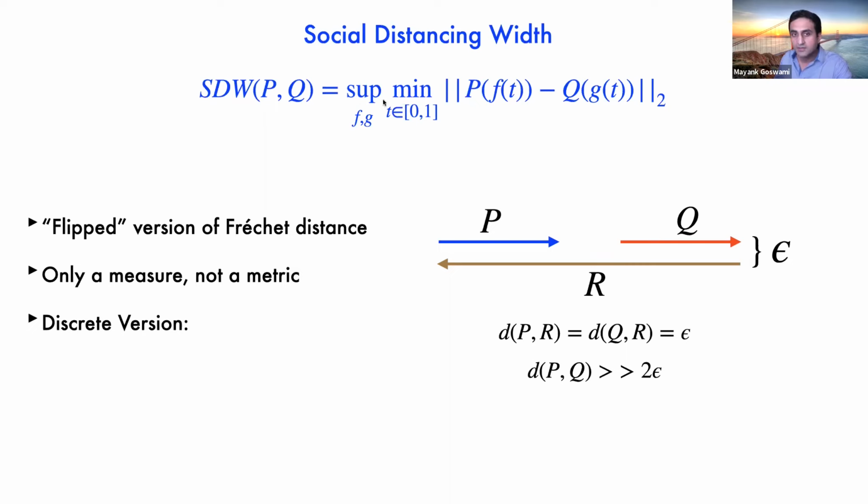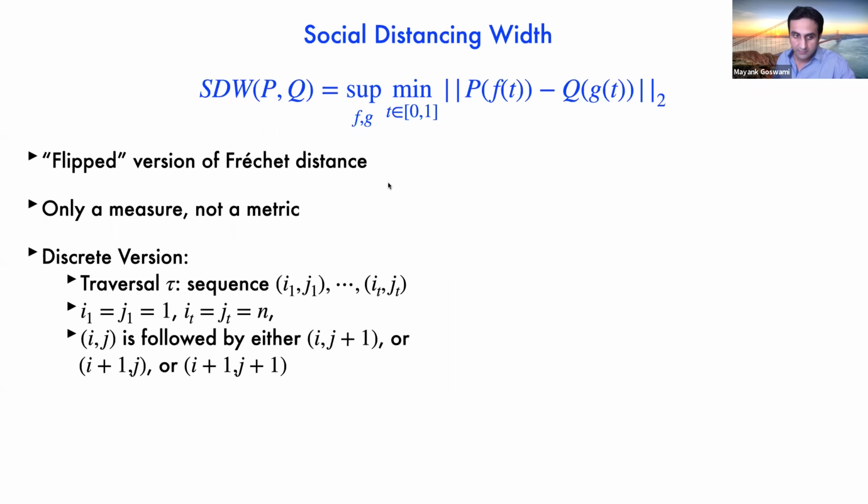Now, what I stated above is the continuous version, because my traversals were from the continuous interval to the curves. But there's also a discrete version where instead of the person walking the dog continuously, you can think of, I think some people call it frogs hopping. So you're not traversing the continuous curve, but just hopping from one vertex to another.